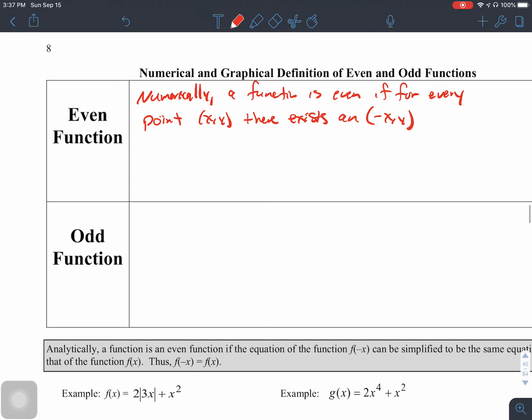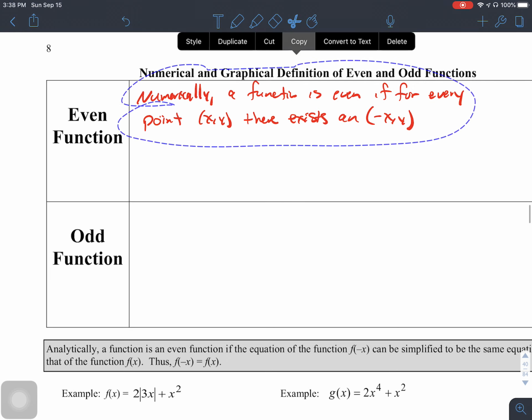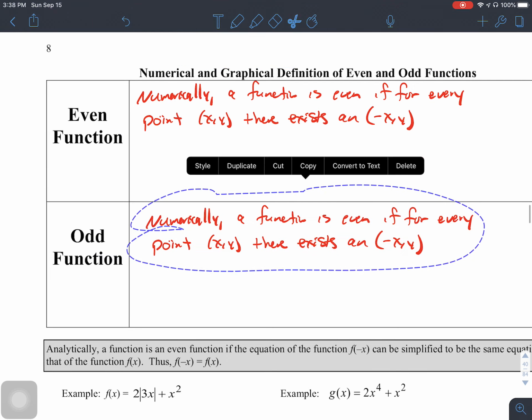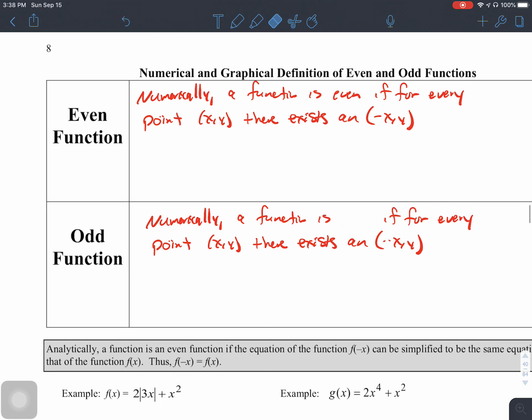For the odd function, numerically, a function is odd if for every point x, y there exists a negative x and negative y. Pause this, write that down. Even function. Graphically, a function is even if it has reflectional symmetry with the y-axis.